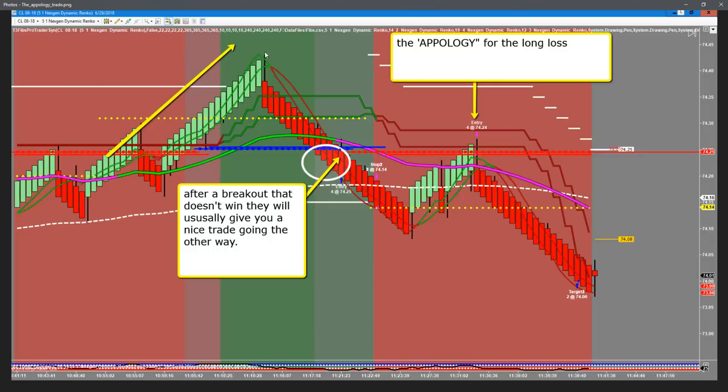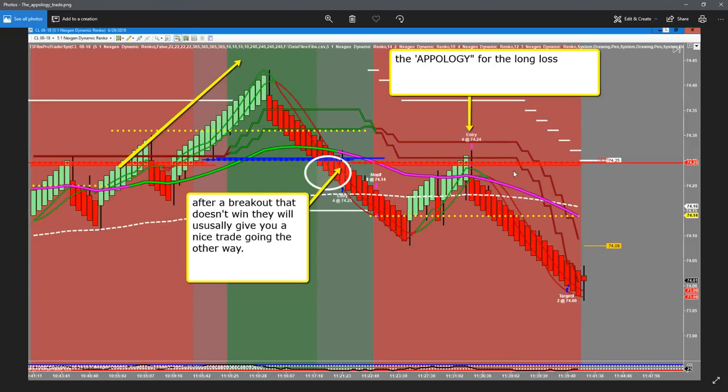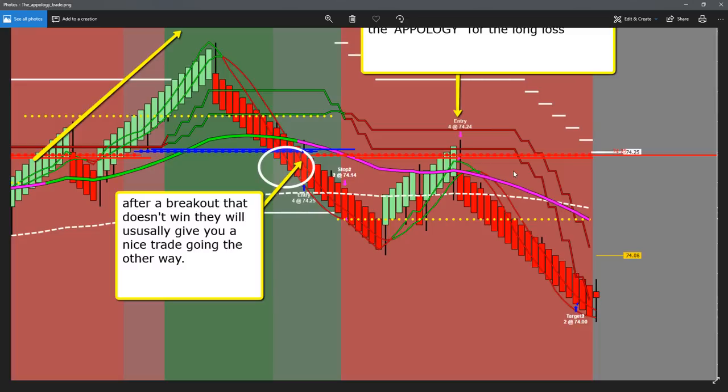And almost always when you have the perfect trade that doesn't win, you're going to get what I like to call the apology trade. So this is what it'll look like in the real world. The perfect trade that should win usually will apologize to you and give you twice as much going the other way as what you lost.